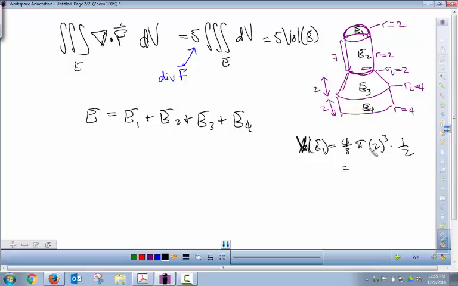So this becomes 2/3 times 8, 16/3 pi. Then a cylinder. What's the volume of the cylinder? Pi r squared h. So 28 pi.